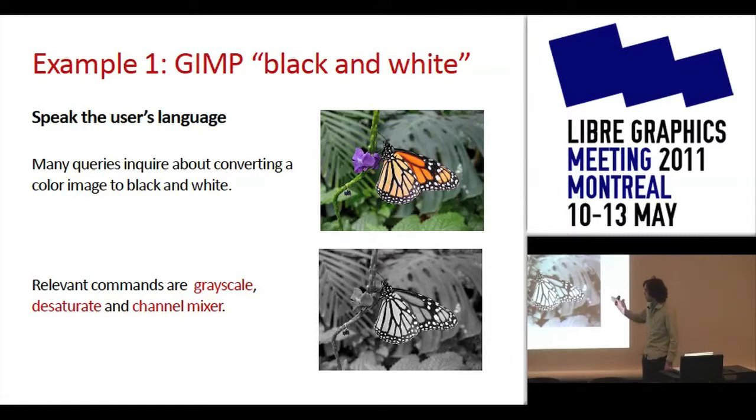There are many ways of doing this in GIMP. You can use grayscale, desaturate, the channel mixer command, that kind of thing. But the problem is that none of these commands use the words black or white, and that's what people are searching for. So at least it suggests that to some percentage of the audience, maybe they're not able to recognize that these commands are necessarily relevant.